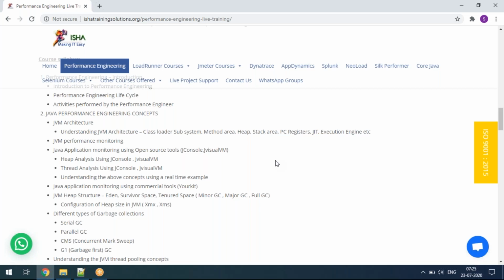Even now, when I was explaining, you could have realized I told you I will show you how to install the Apache Tomcat server and how to deploy my application. I go to the fundamentals, because without having your application and your Apache Tomcat server, if I straight away explain certain things to you, how will it be practically useful for you? So that's the reason I'm bringing this knowledge.